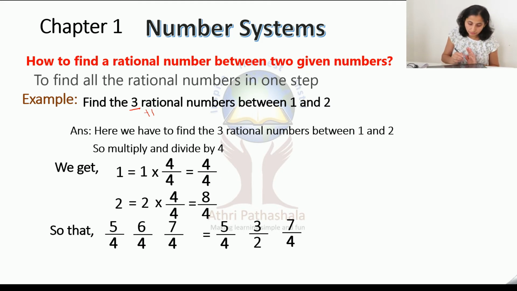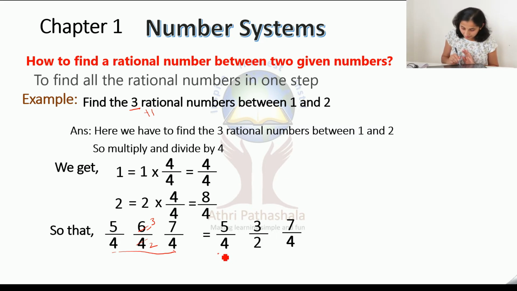So after 4, we have 5, 6, 7, and the denominators are the same. There is no change in the denominator. So 5 by 4, 6 by 4, 7 by 4. Here 6 by 4 we can write as 2 3s are 6, 2 2s are 4, so 3 by 2.